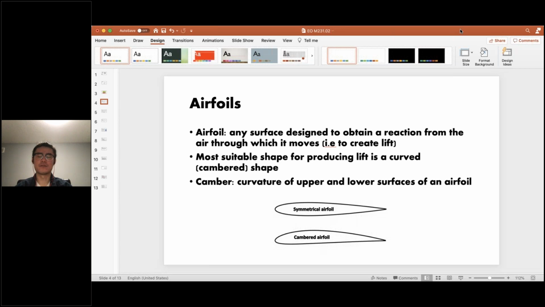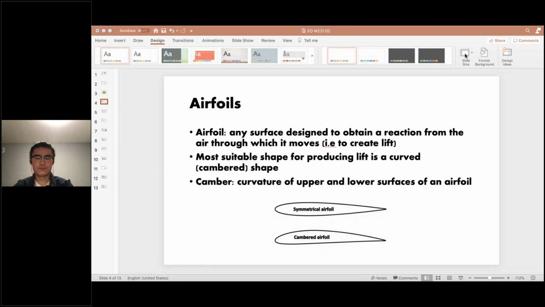Airfoils would be any surface that is designed to create lift, that is designed to help you actually fly. So the most suitable shape for producing lift is curved, and this curvature is referred to as cambered shape. So camber literally means the curvature of the upper and lower surface of an airfoil.